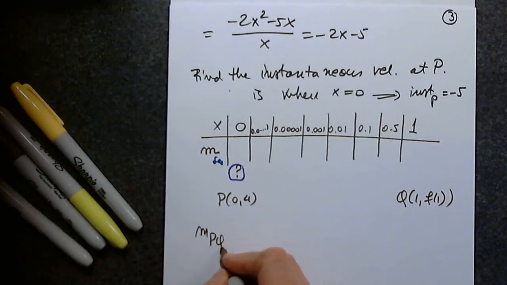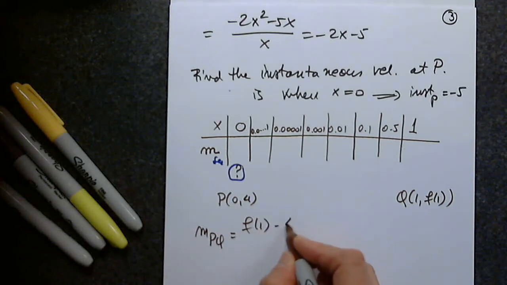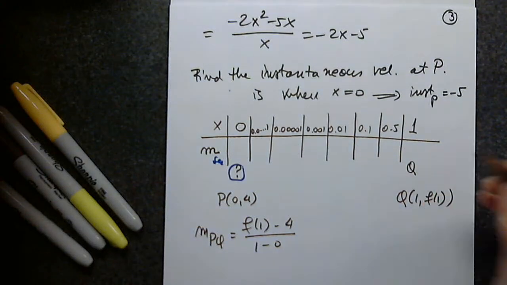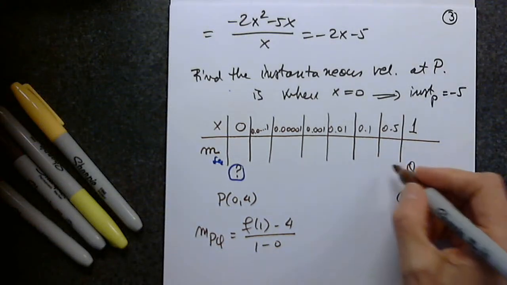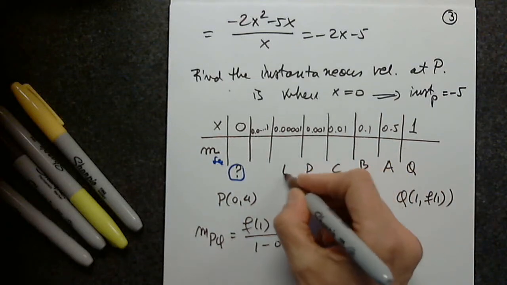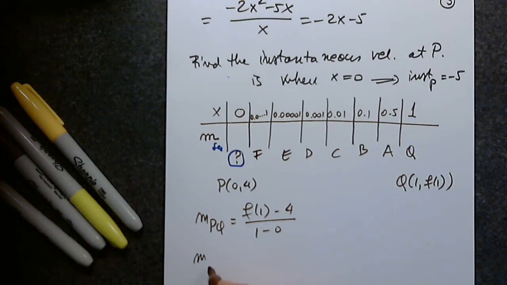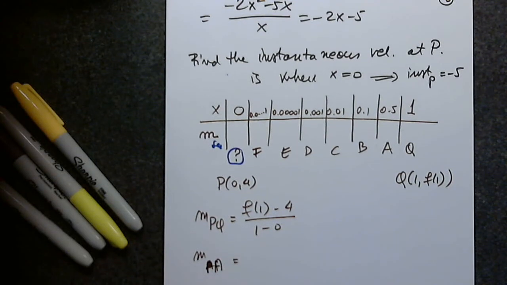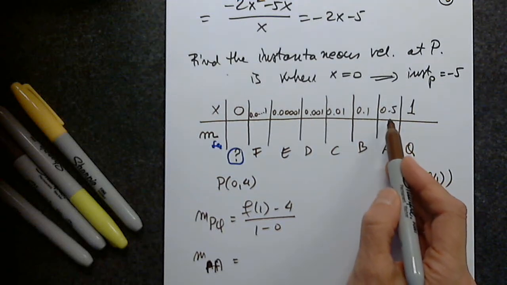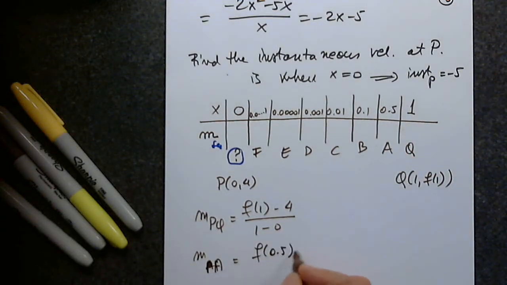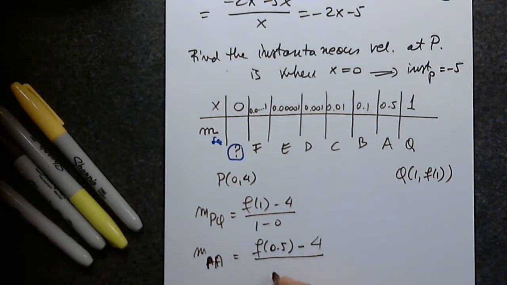I will have MPQ as being f of 1 minus 4 over 1 minus 0. So I'm calling this one Q with coordinates 1. I'm going to call this one A and B and C, D, E, F. So can anyone give us the slope of AP or PA, maybe? F of 0.5 minus 4 divided by 0.5 minus 0.